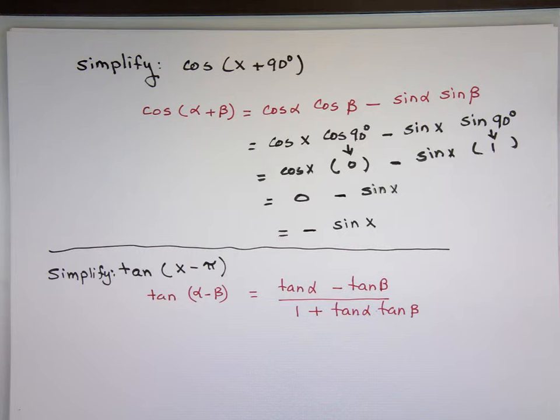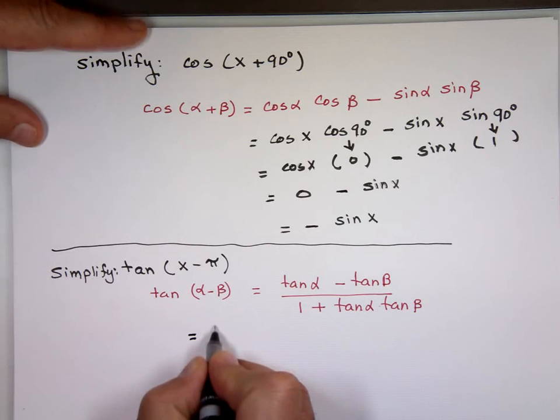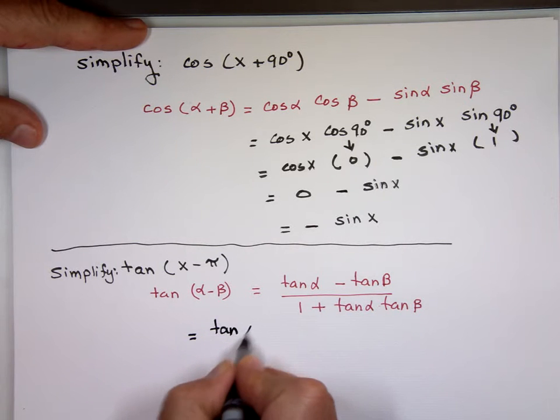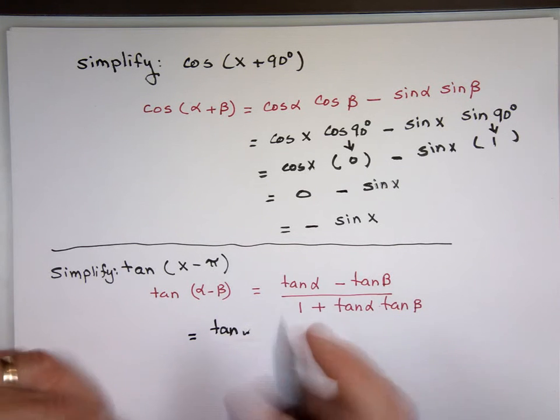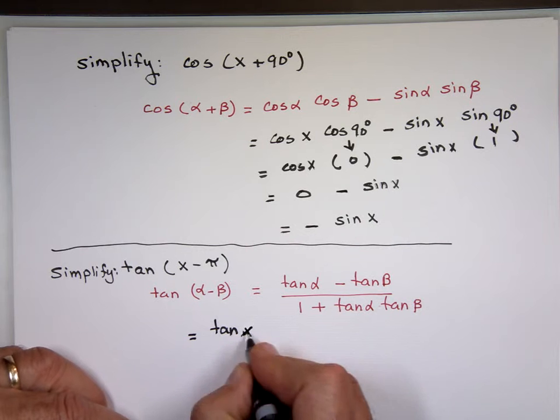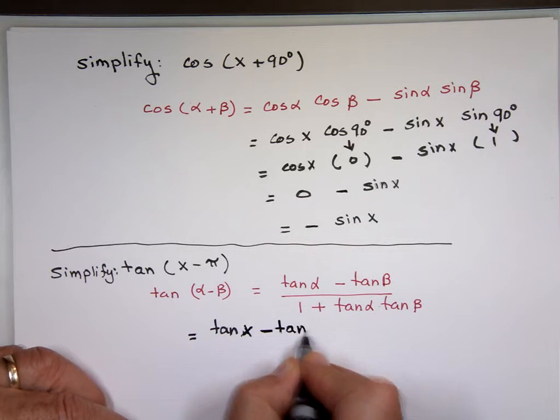Now you gotta work extra hard here. Alpha is what? X here. And beta is what? Pi. So this is gonna be tangent x, not alpha, x, minus tangent what? 90 degrees.